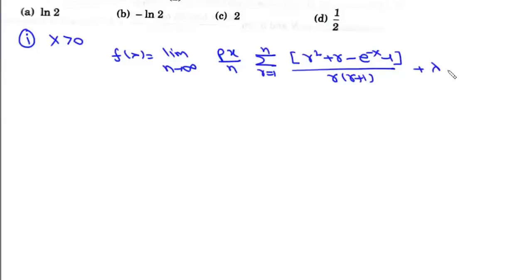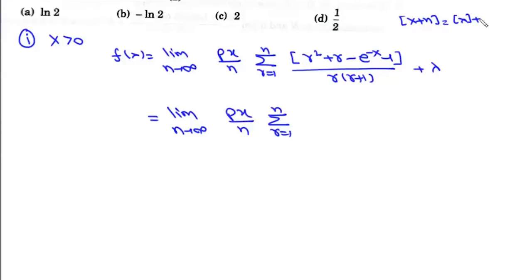plus lambda. Now since r is an integer, we can write this as limit n tends to infinity, p(x) by n, and then this summation r varies from 1 to n, and we know that the greatest integer function of x plus n is the greatest integer function of x plus n if n is an integer.